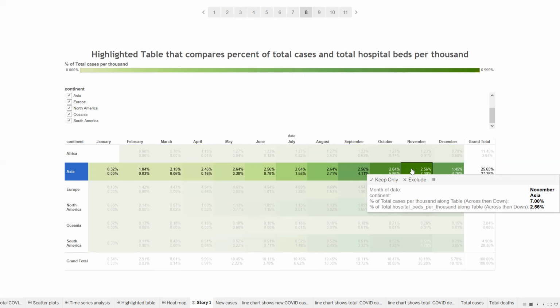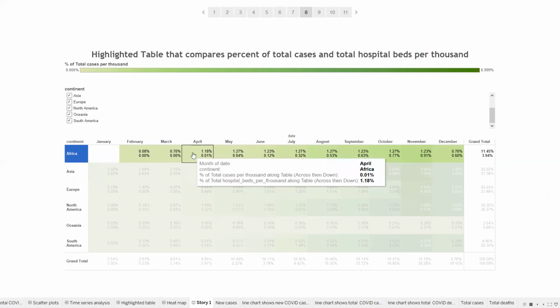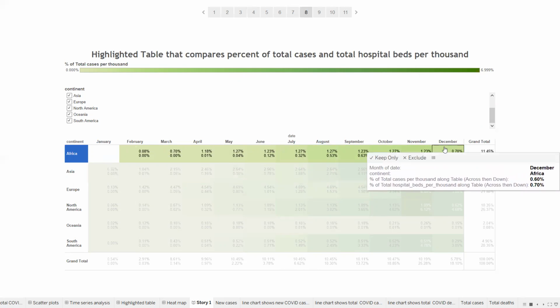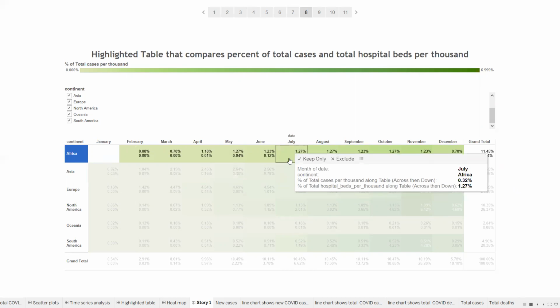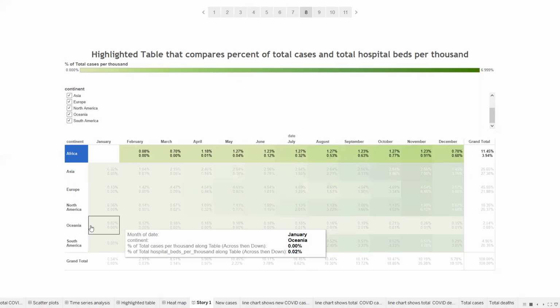COVID infection may get spread further. And similarly, let's say for Africa, you can see that from January onwards to December, the percentage of total COVID cases remained below the percentage of total hospital beds per thousand, which is a good indicator. This means that the government of Africa is capable of handling the COVID infections by providing the optimal number of hospital beds to the COVID patients.